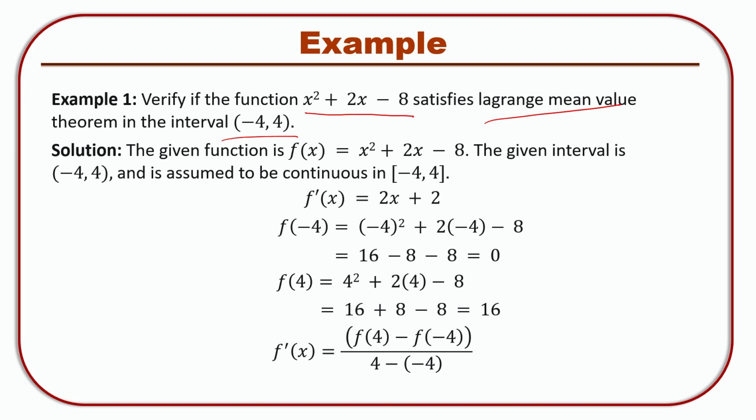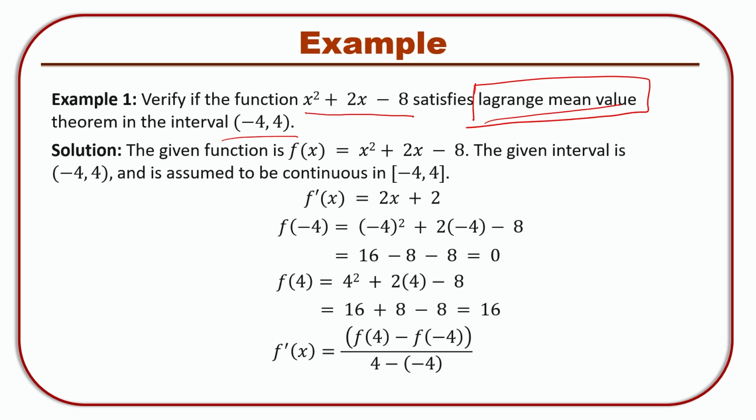Firstly, you have to understand the statement of the Lagrange mean value theorem itself. The function must be continuous in a closed interval as well as differentiable in the open interval. Then there is a point c where the tangent line at that point must be parallel to the chord joining the end points, right?